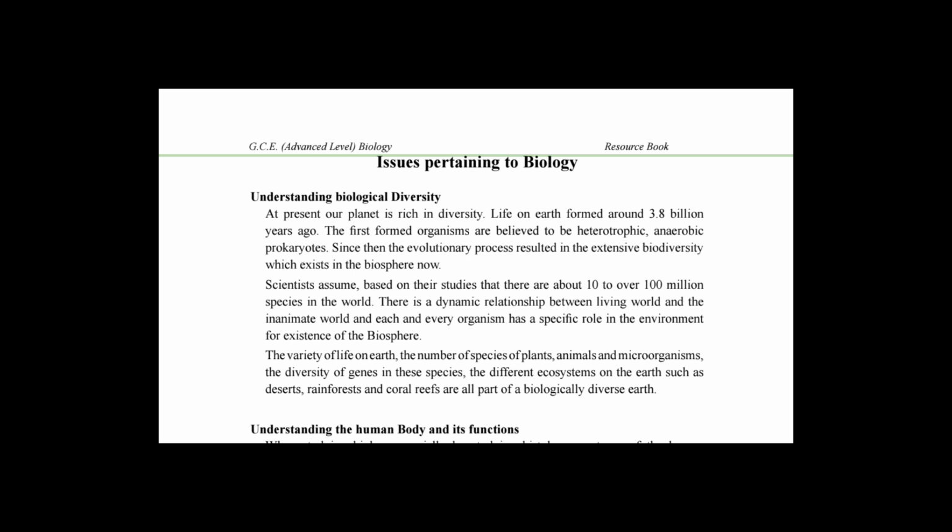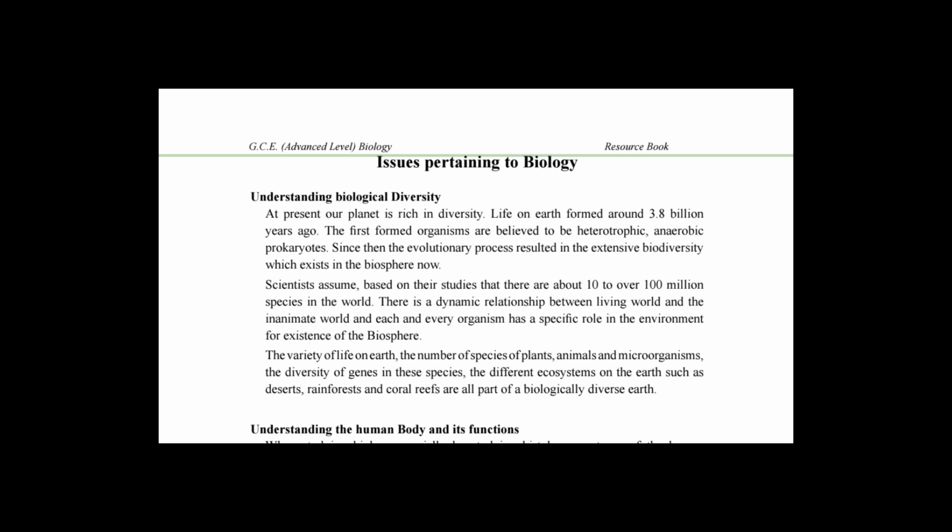Issues pertaining to biology means the problems we face using biology or related with biology. Okay, so we face many challenges all the time. So if we can solve those problems using biology, if the problem is related with this biology, that's what we are going to study now.